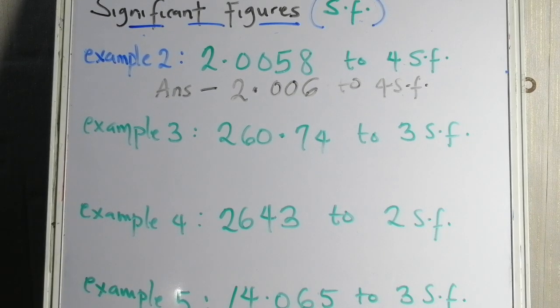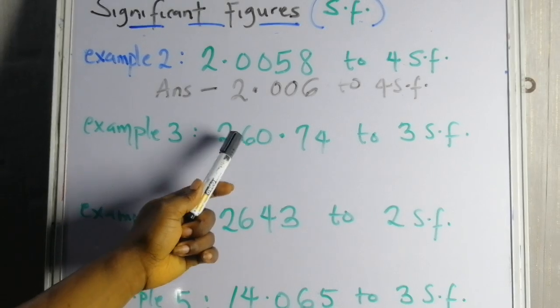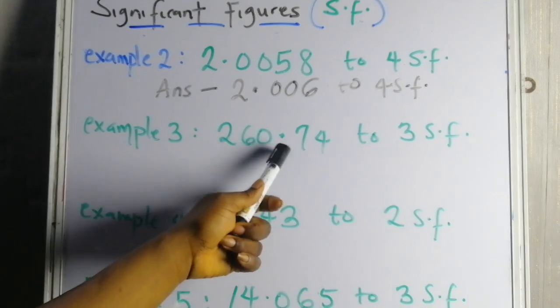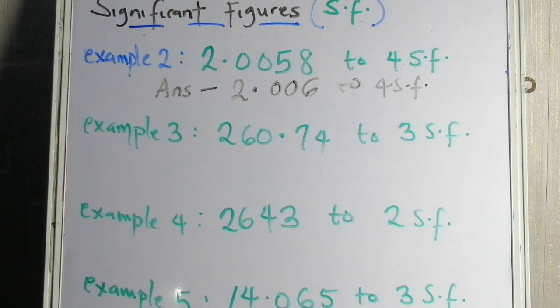That's 260 before the point, because we have 3 figures, and the 0 here is between numbers, between 6 and 7. So you stop at that 3. And what is the next figure after that 0? It is 7, so it's greater than or equal to 5.